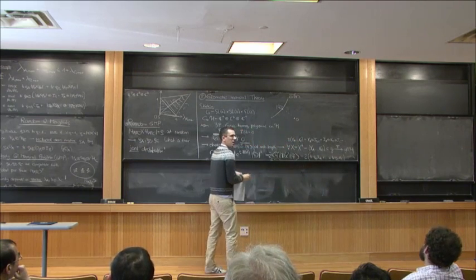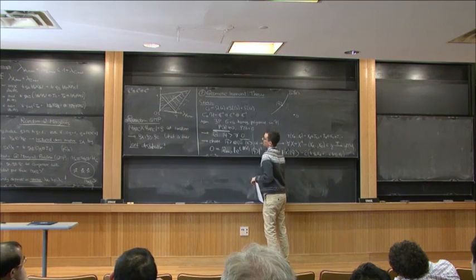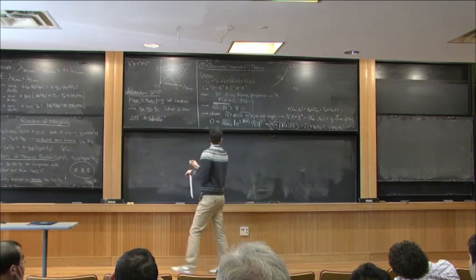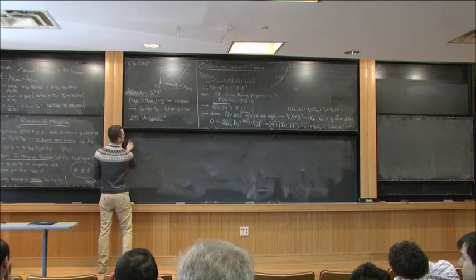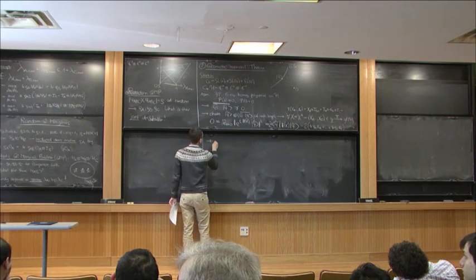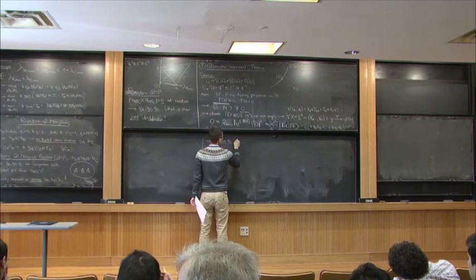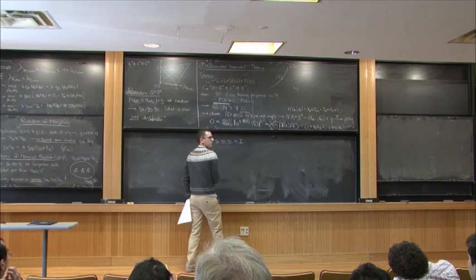And so the upshot of this calculation now is that, thus, rho A, rho B, and rho C are all proportional to the identity.